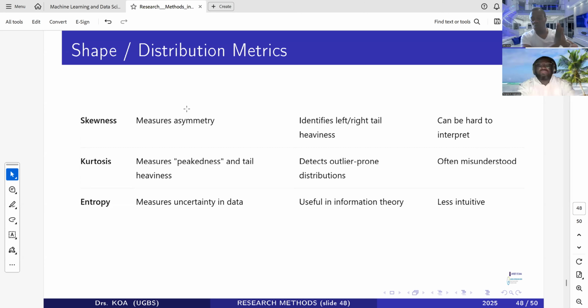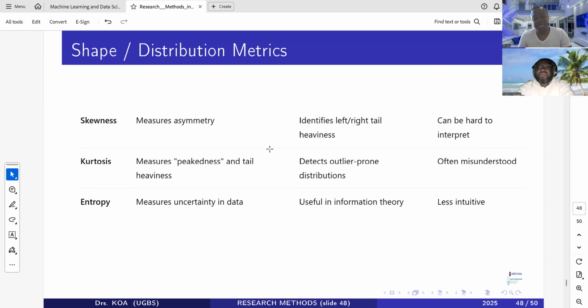But whether it goes left or right, it can still be higher up there but left, or higher up there but right. Whether it's left or right is skewness. Whether it is up or flat is kurtosis. Very, very useful if you want to determine outliers in the data set. Many people don't talk about kurtosis because of how confusing it might sometimes be.